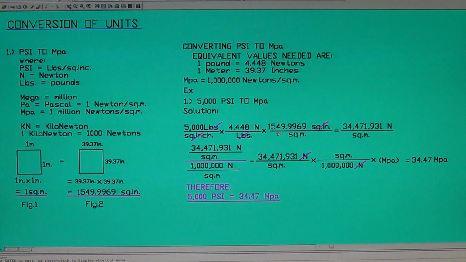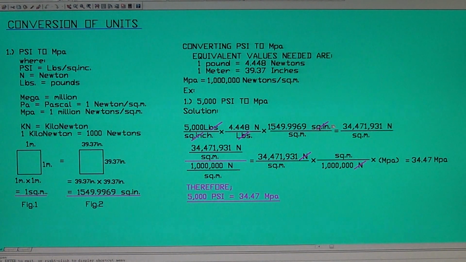Equivalent that in inches is 1549.9969 square inches, and you multiply all the remaining values there. 5000 times 4.448 times 1549.9969 gives you 34,471,931 newtons per square meter.